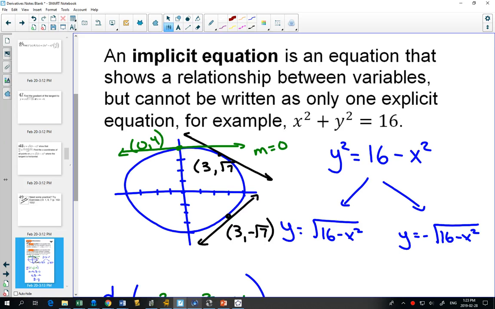I can now say that the slope of this line from my derivative is negative x over y. I can say the slope of this line is negative 3 over root 7. And the slope of this line is negative 3 over negative root 7. Which is kind of fascinating that we're able to do that so easily.